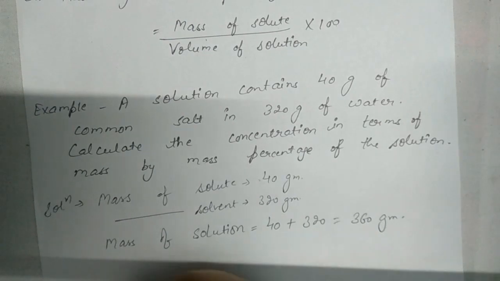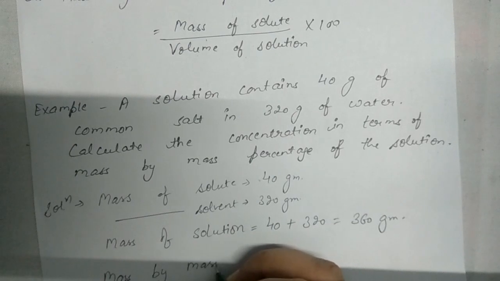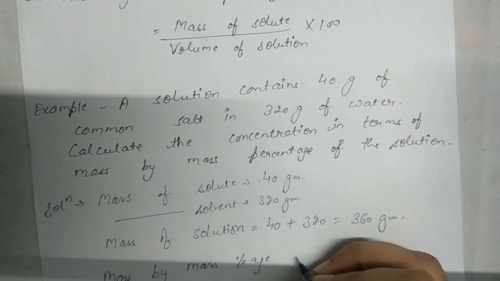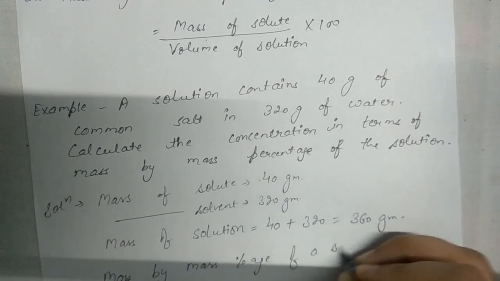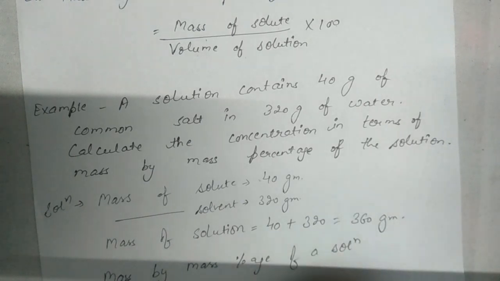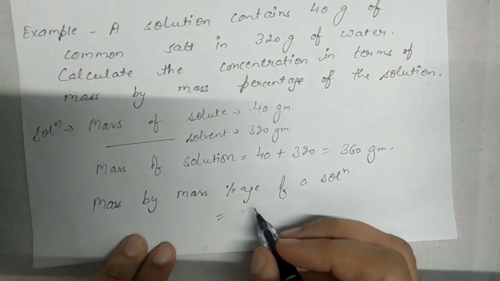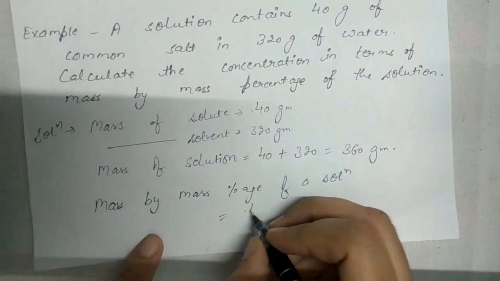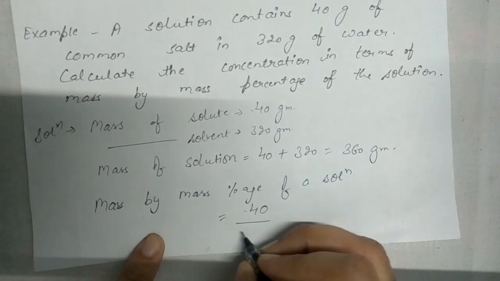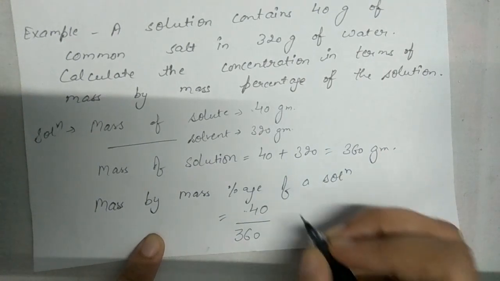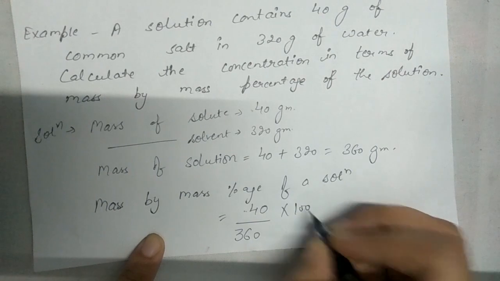So now according to our formula of mass by mass percentage of a solution, first of all, we will write mass of solute, that is 40, divided by mass of solution, that is 360, multiplied by 100.